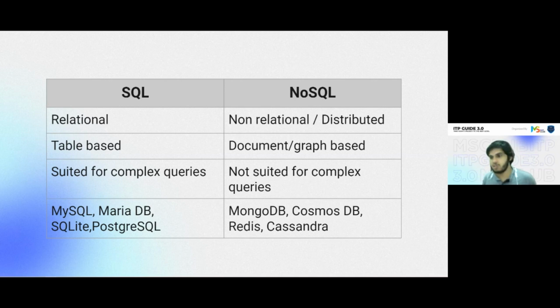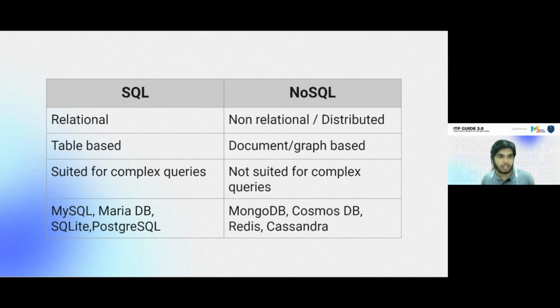And one thing you should notice is that SQL is much more suited for complex queries with much more complex relationships between the tables and all that. While NoSQL is not very suitable for applications or projects with much more complex relationships.